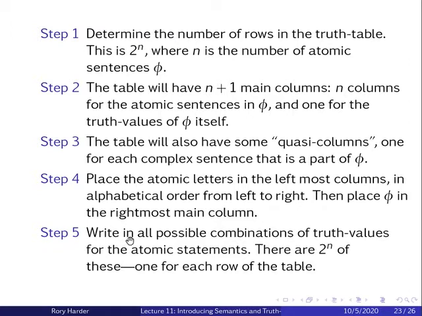Then, underneath the atomic sentence letters, which you've listed out in the leftmost columns from step 4, you write all the possible combinations of truth values for the atomic statements. And again, there will be 2 to the power of n of these. So there will be 1 for each row of the truth table.